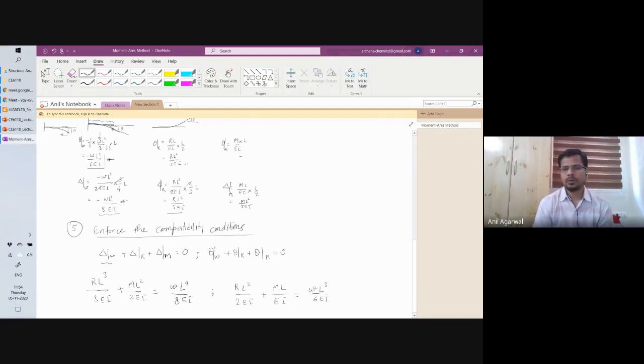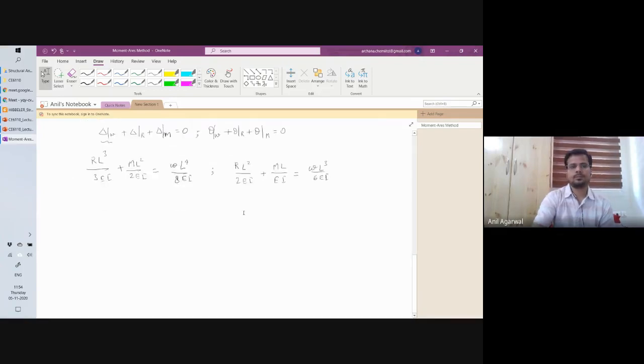Okay. Now what we got is two equations and two unknowns. This is the first equation. What are the unknowns? R and M. What are these? These are forces, right?